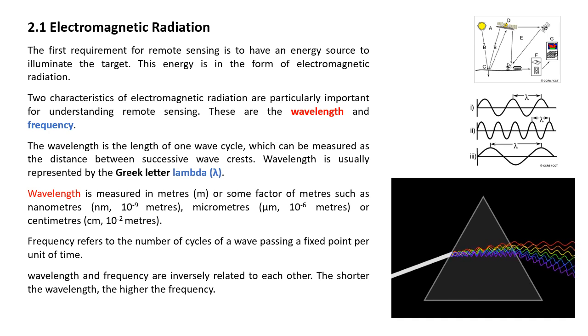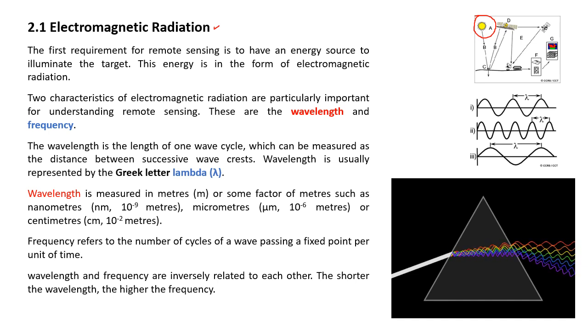So I'm coming to the first part of chapter 2, that is the electromagnetic radiation. This electromagnetic radiation, if you see here, I'm talking about this A part here, we can call it the energy also, electromagnetic energy.